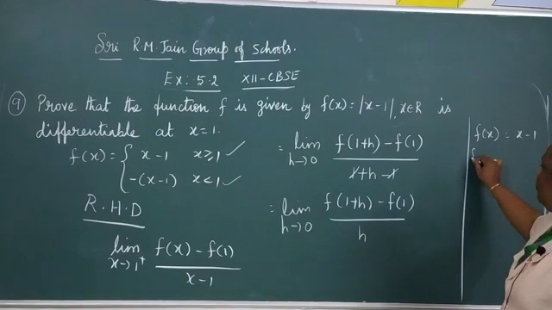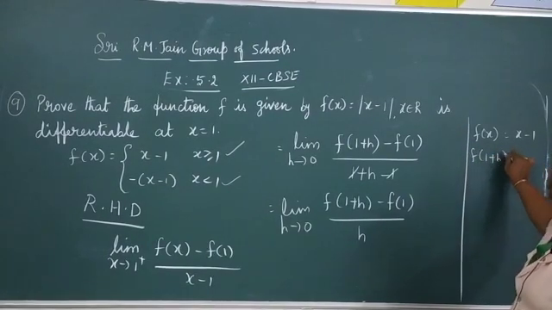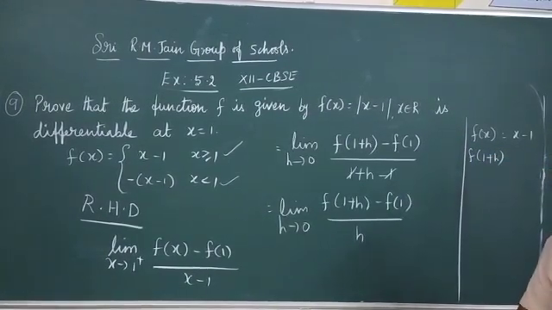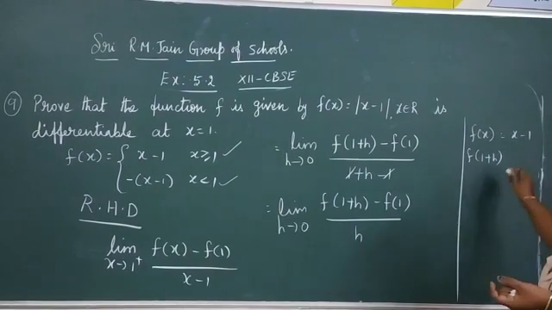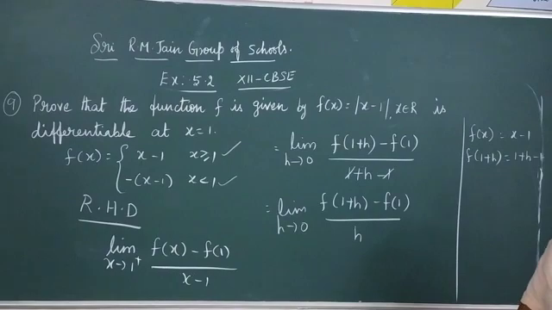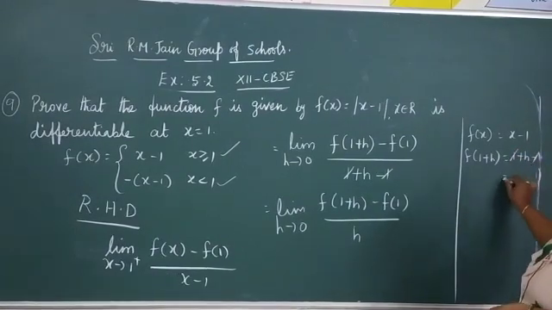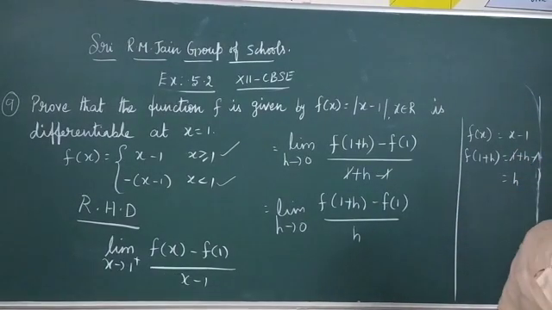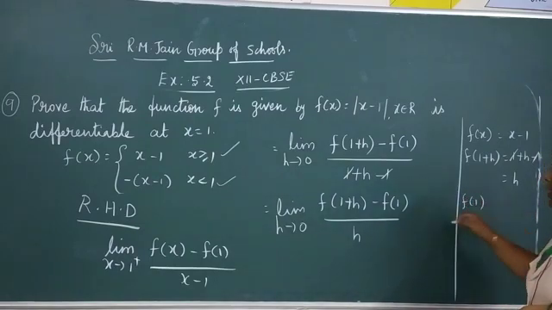So f of 1 plus h: instead of the x value, there is 1 plus h, so it equals 1 plus h minus 1. Cancel plus 1 and minus 1. What answer are you getting? h. Similarly, f of 1 equals 1 minus 1, the value is 0.